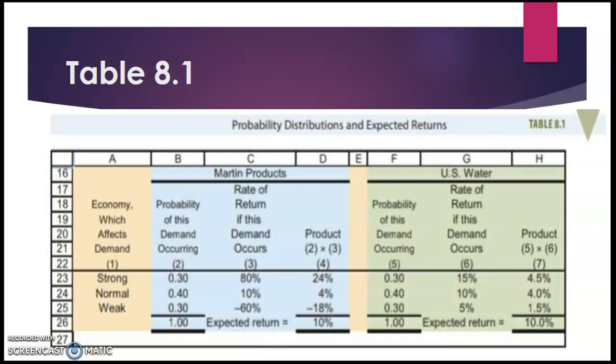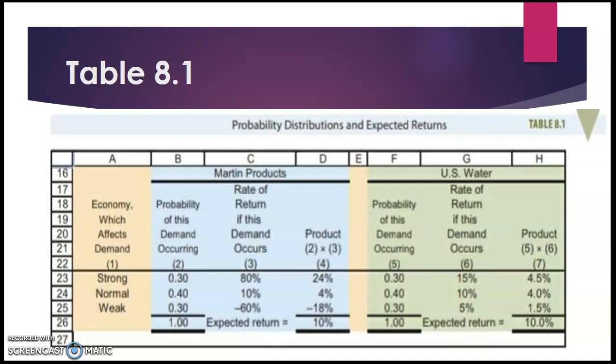The height of each bar indicates the probability that a given outcome will occur. The range of possible returns for Martin is from negative 60% to positive 80%, and the expected return is 10%. The expected return for US Water is also 10%, but its possible range, and thus maximum loss, is much narrower.